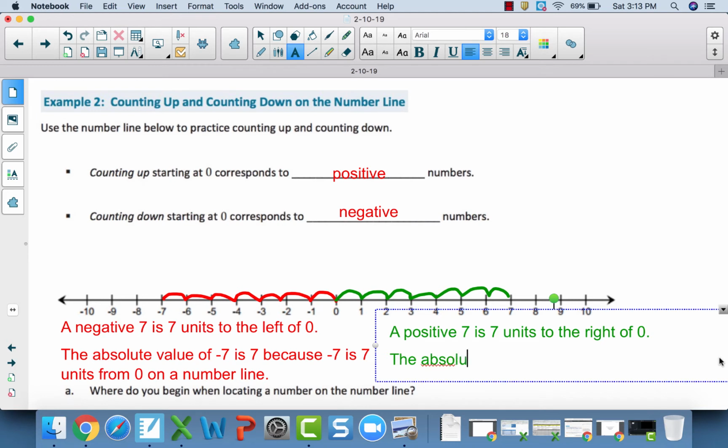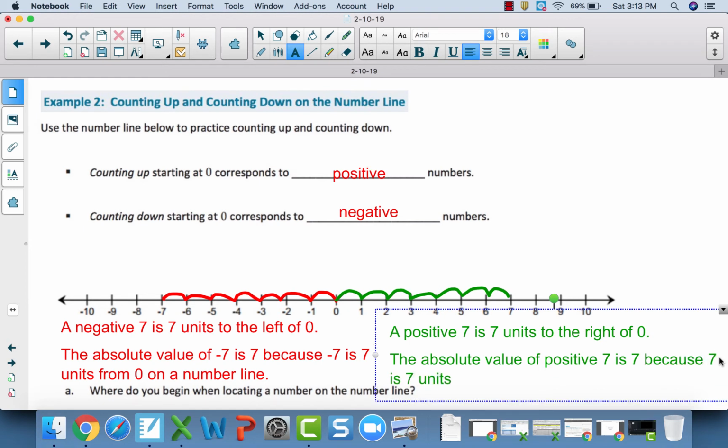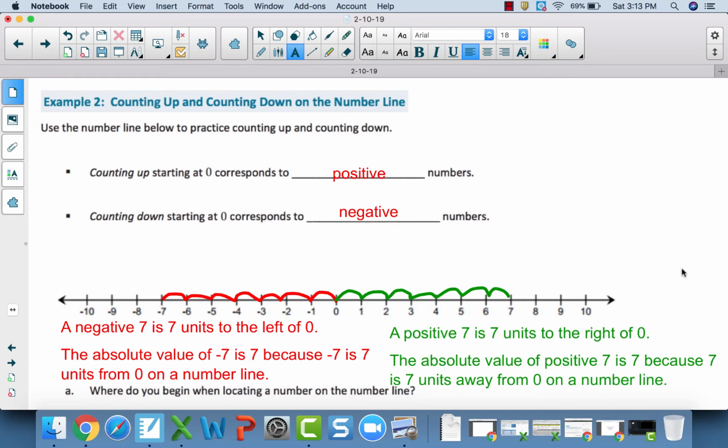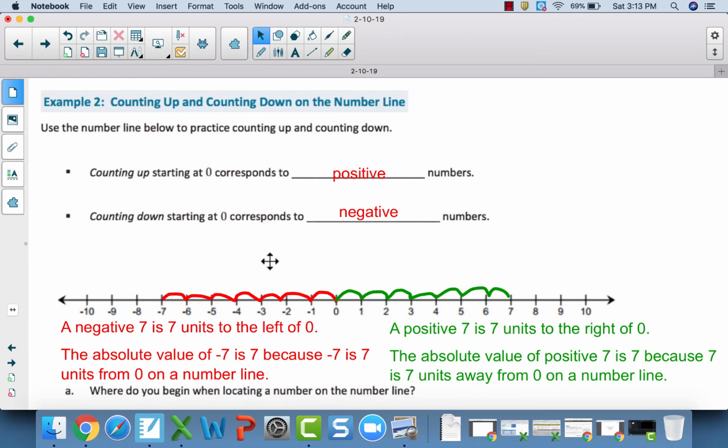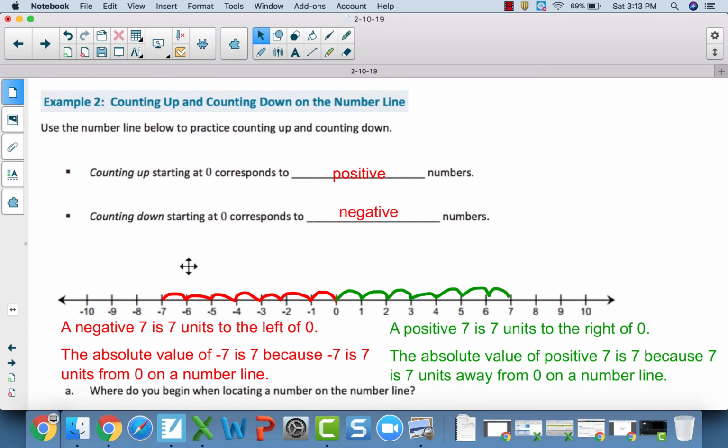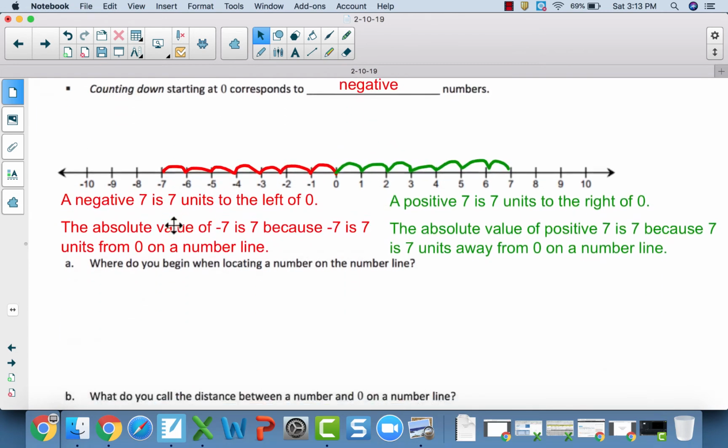And the absolute value of positive 7 is 7, because 7 is 7 units away from 0 on a number line. That's just a few examples. If you want to practice counting up and down for a few more, you can feel free to do so.